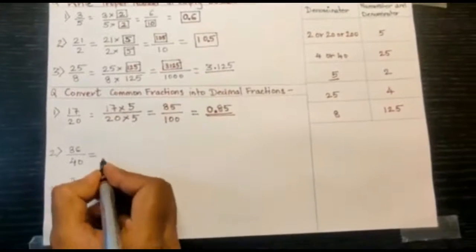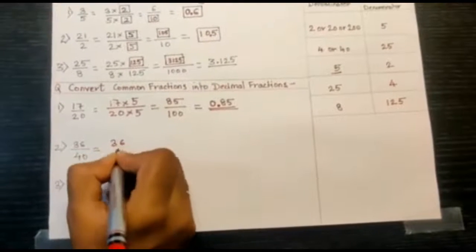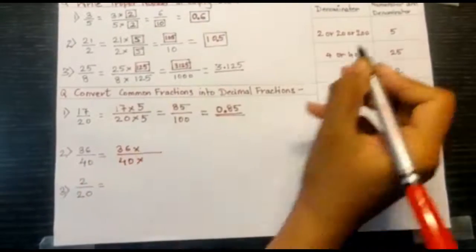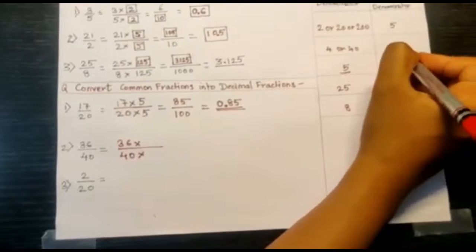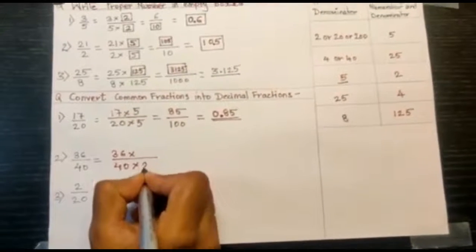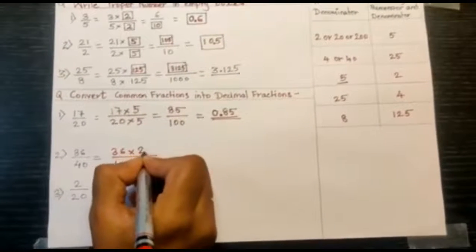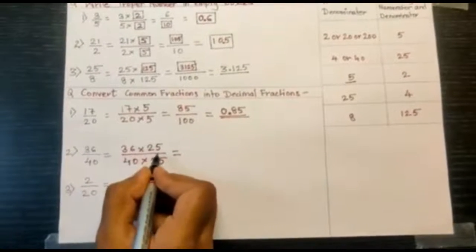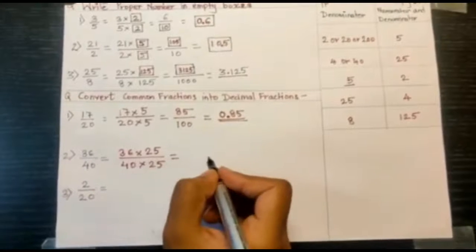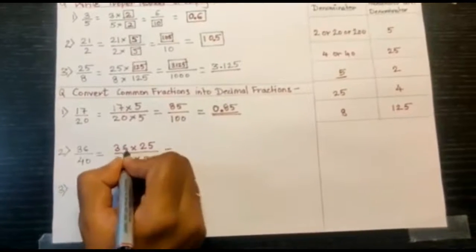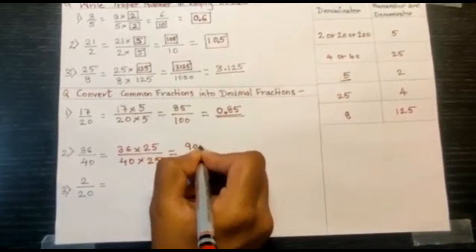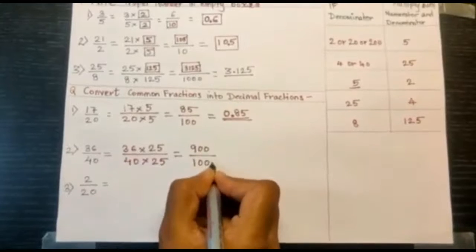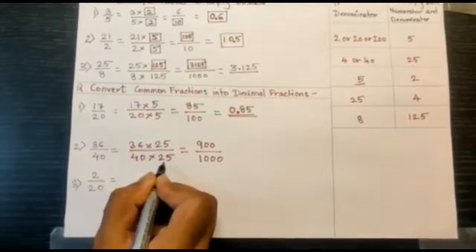Now let us solve the second example. 36 divided by 40. So if the denominator is 40, we will multiply it by 25, numerator and denominator both. So 36 into 25. Children, please do the calculation. I have already done this calculation. So 36 into 25 is 900, divided by 1000, because 40 into 25 is 1000.